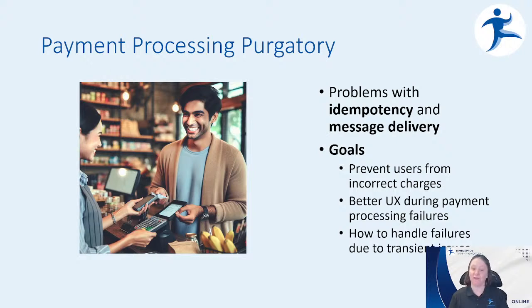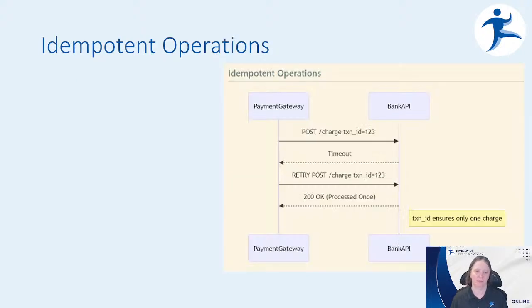So our goal is preventing users from incorrect charges, rather than having them pay for orders multiple times. If we can avoid issuing refunds, even better, along with a better user experience during payment processing. And how do we handle these failures, especially with payment processing, when transient issues happen?